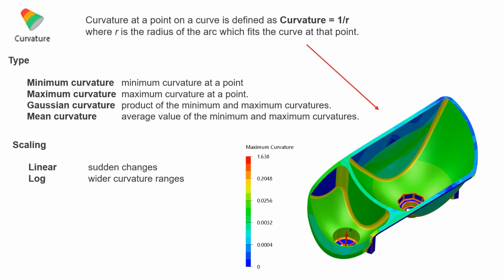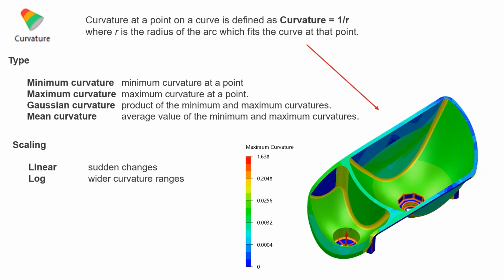Are we using a very linear scale? And a little tip for you there, if you are using a linear scale, this will help identify very sudden changes in the curvature, so unexpected sudden changes will stick out considerably. Whereas a logarithmic scale will allow us to display a wider range of curvature throughout the model.